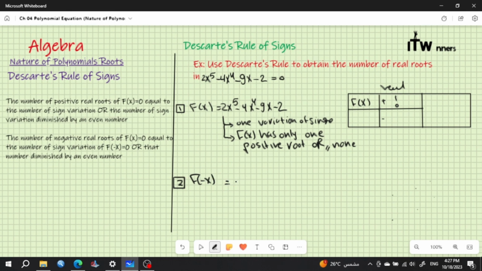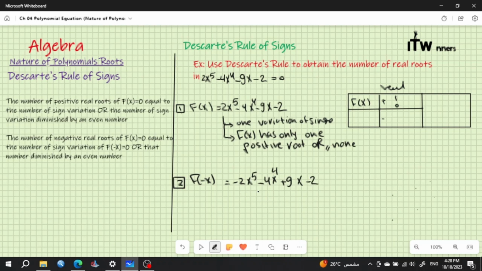Again, the second step is to obtain f of negative x. So we have here negative 2x power 5, minus 4x power 4, plus 9x, minus 2.